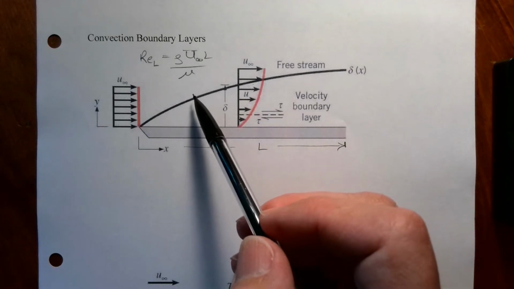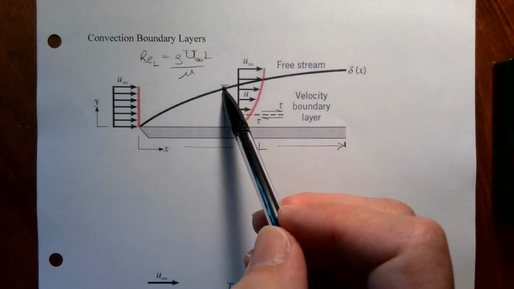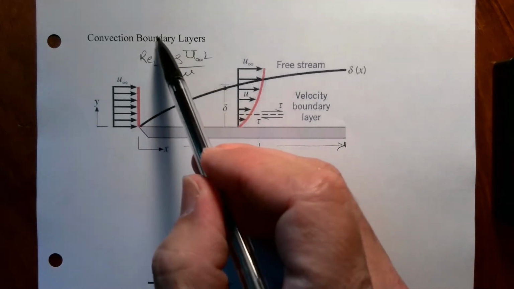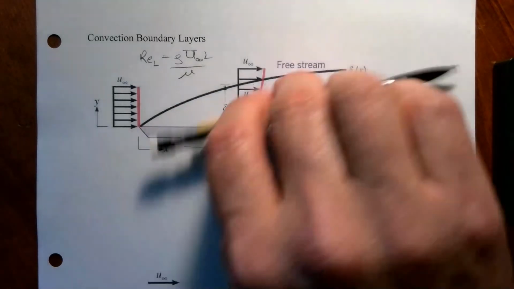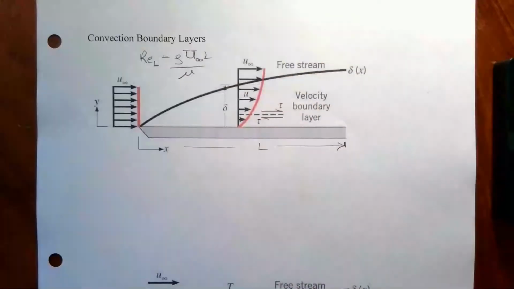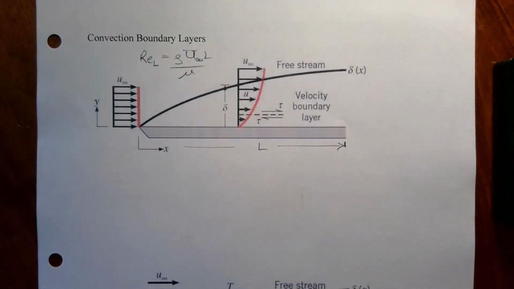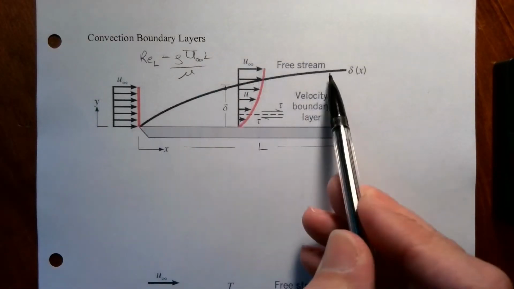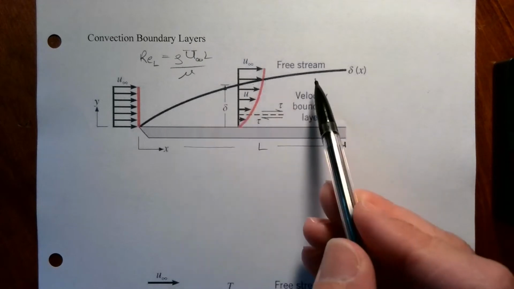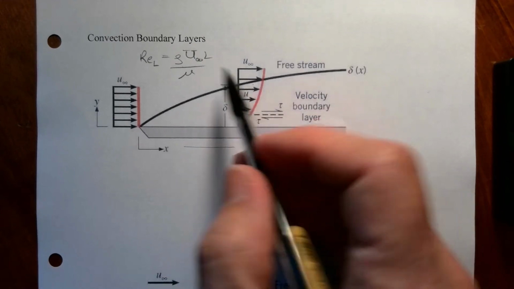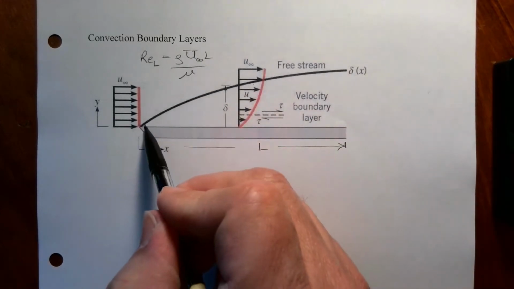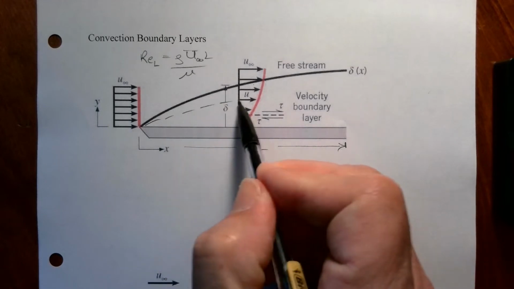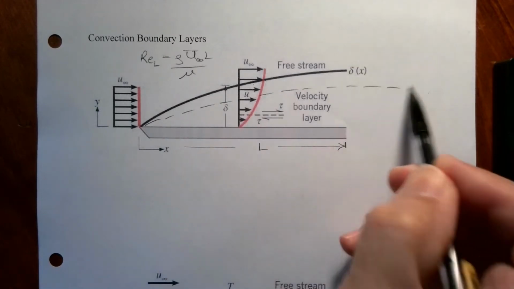For a very, very low Reynolds number, in fact, in the limit as the Reynolds number goes to 0, there is no boundary layer. This boundary layer gets larger and larger until it finally disappears. So it raises up this way until there is no boundary layer. For low Reynolds number flow, viscosity is important everywhere. For high Reynolds number flows, though, the larger the Reynolds number, the smaller this boundary layer is, or the lower the boundary layer moves. So for a higher Reynolds number, the boundary layer would be down here, for example.